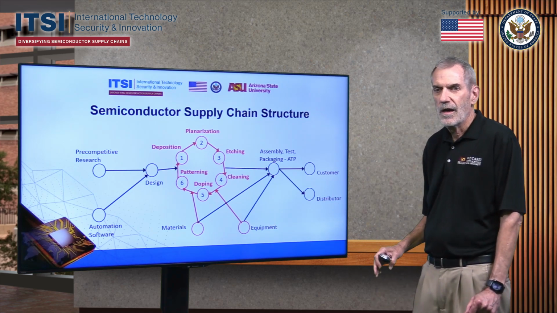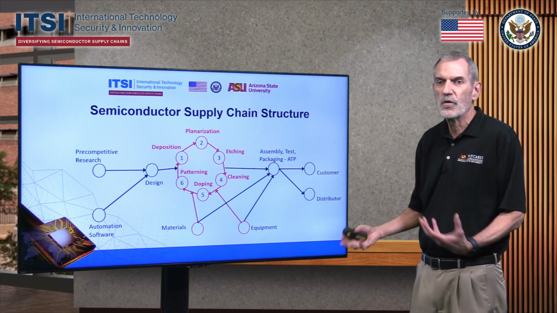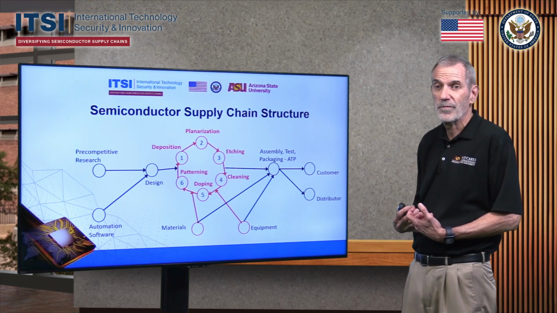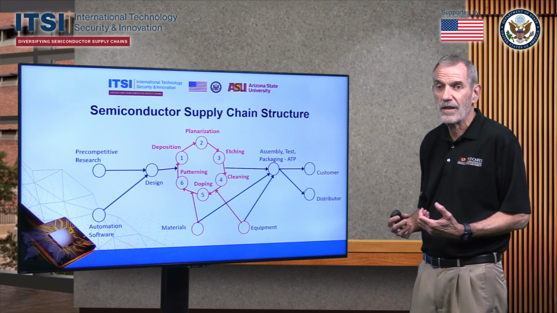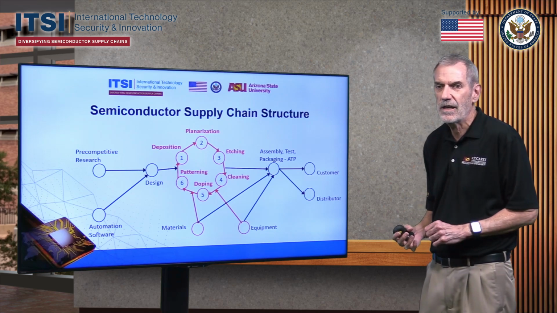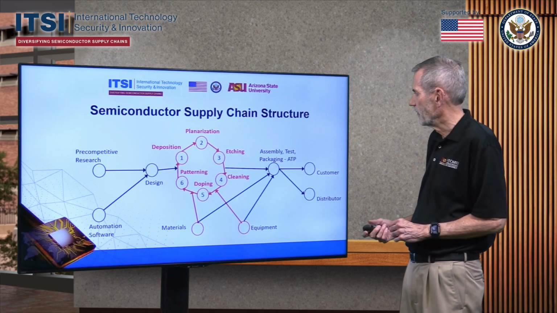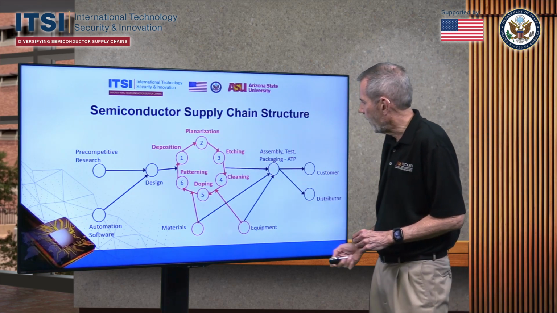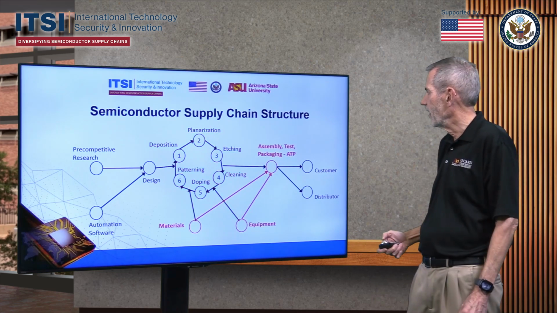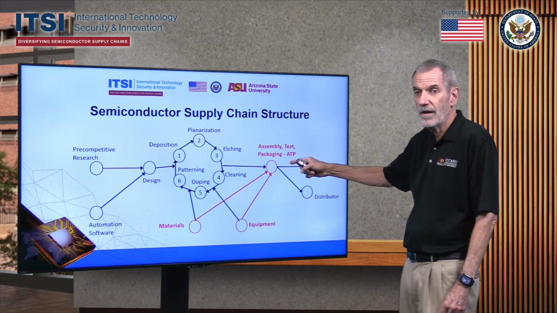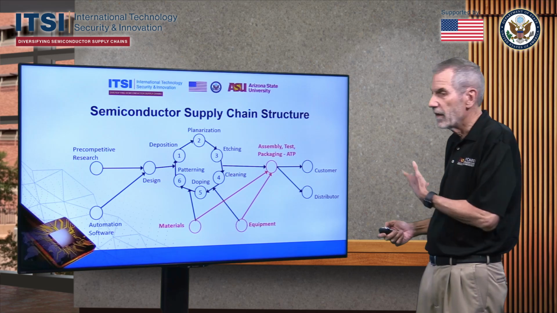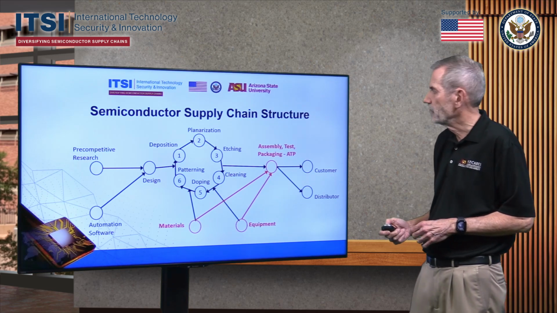I contend that ASML is probably the most powerful player in the industry, at least in terms of new advanced chips, because they make the only equipment able to produce things at the very smallest line widths needed for advanced chips. So that's the wafer fabrication process. Once the wafer has been made, it's sent on to the assembly, test, and packaging area, where it's cut up into the individual chips, put into a package, and then ultimately sent to the customers.